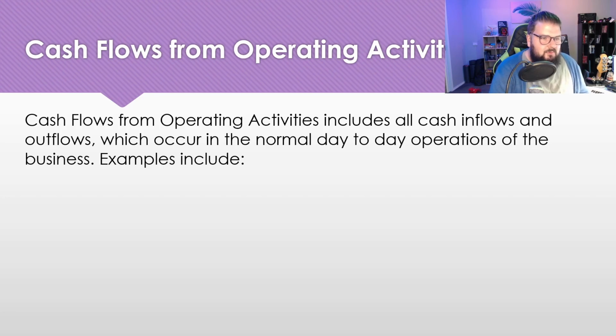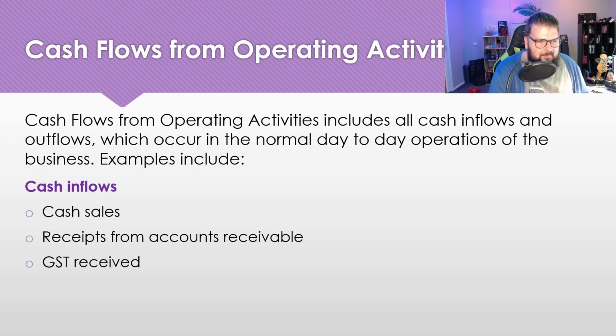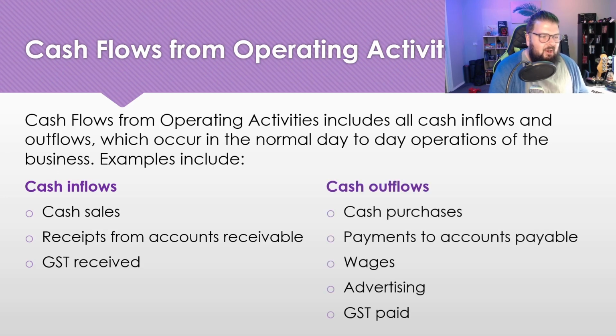As a result, our operating activities include our cash sales, receipts from accounts receivable, the GST that we receive, things like that. And our outflows include our cash purchases, payments that we make to accounts payable, wages, advertising, and the GST we pay. These are very much everyday things.